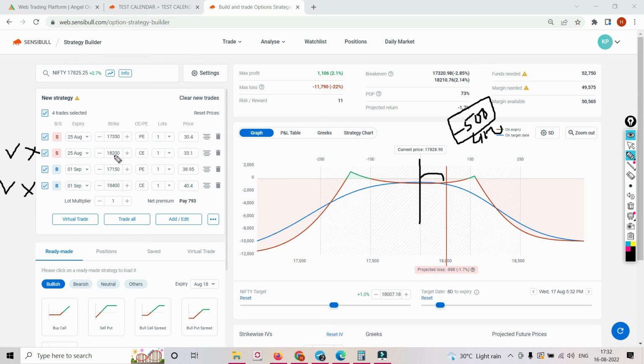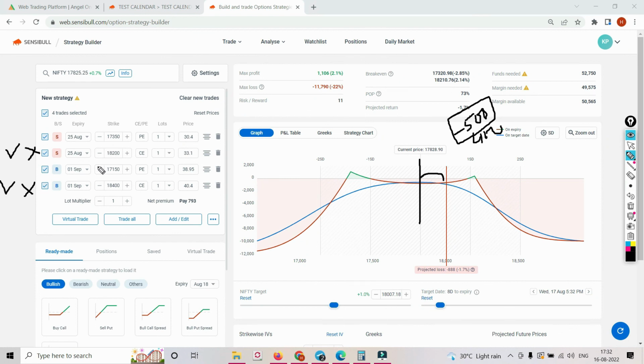It is tough for me to say whether it is 100 points or 150 points, whatever points it made a move. Cover those points, ensuring that your trade and your payoff are balanced. It is just trial and error. Exit this trade and sell a new call of 18,300 or 350.